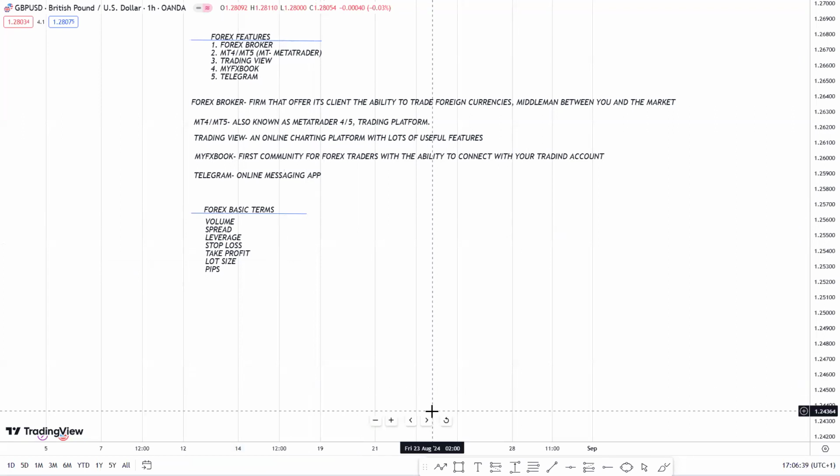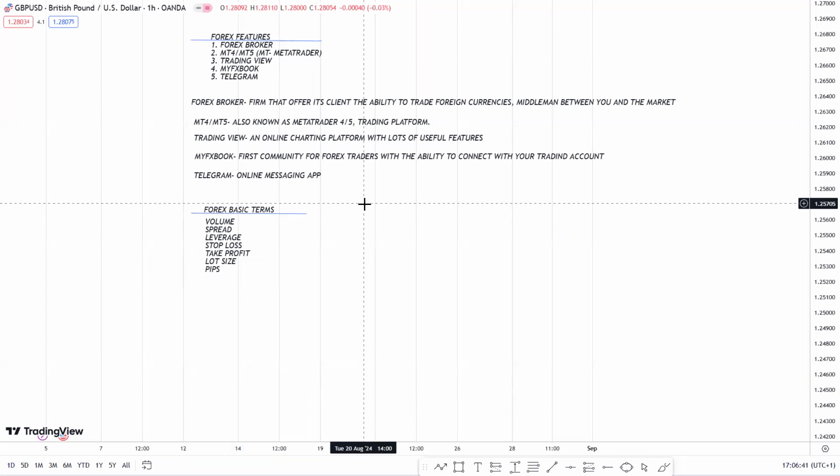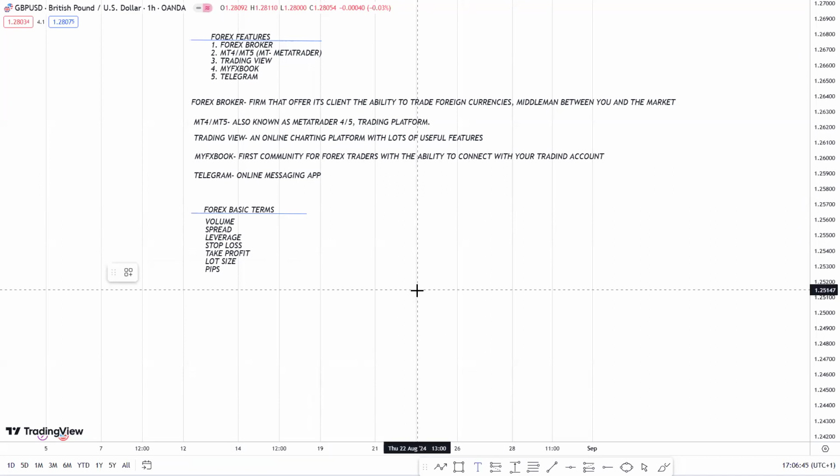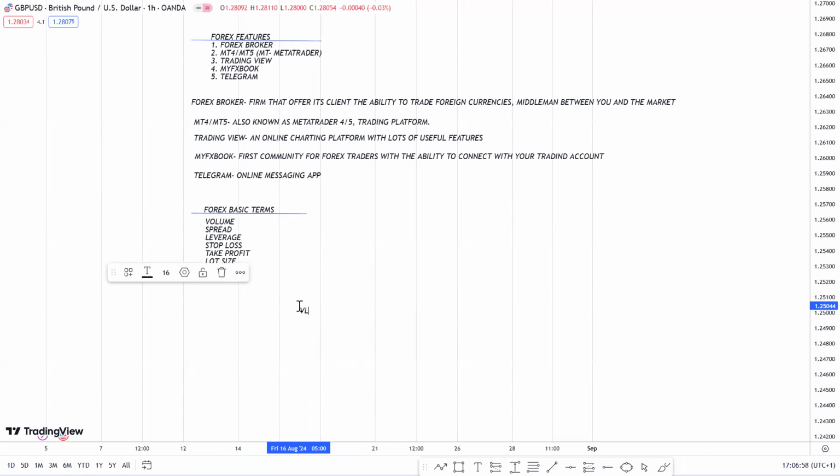So volume, what is volume about? In forex trading, volume is the number of lots traded in a currency pair in the entire market within a specified time period. So let me type it.